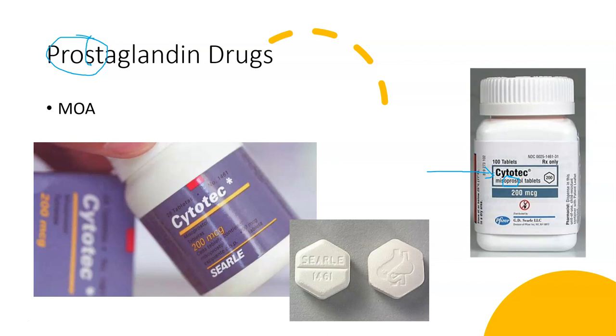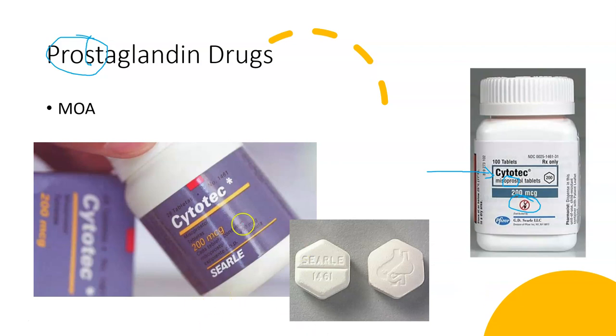Now, there are many different prostaglandins that the body can produce, and they have multiple actions. But the prostaglandin that helps protect the stomach is the same prostaglandin that can cause uterine contractions. So this drug should not be given to women who are pregnant. There's a note. You want to put that in your notes. Don't take this if you're pregnant.